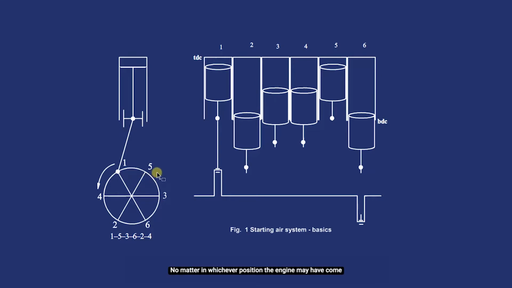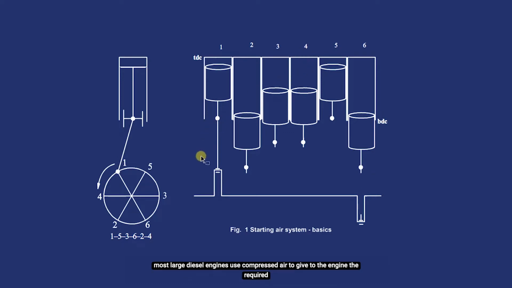No matter in whichever position the engine may have come to a stop, the starting system of the engine should be designed to give the engine a start moment and turn the engine from that stopped position in the ahead or astern direction and make the engine attain a good momentum so that fuel now injected in its units can catch fire.